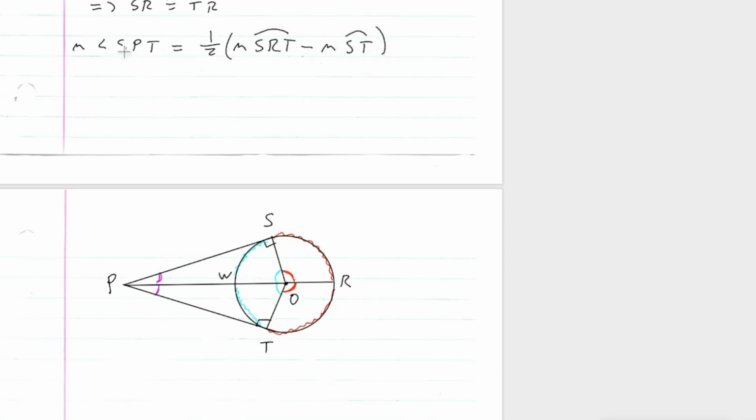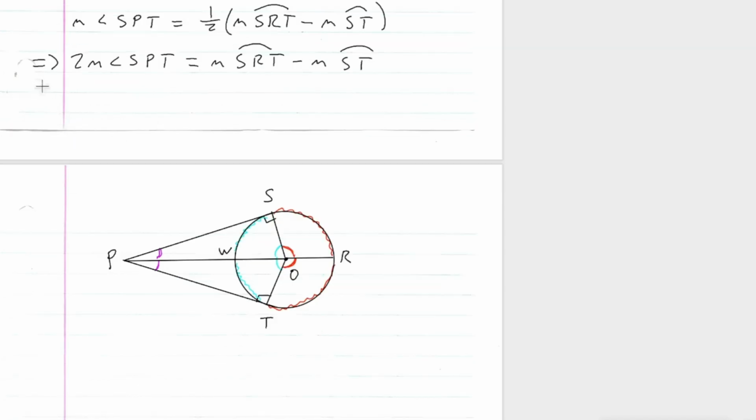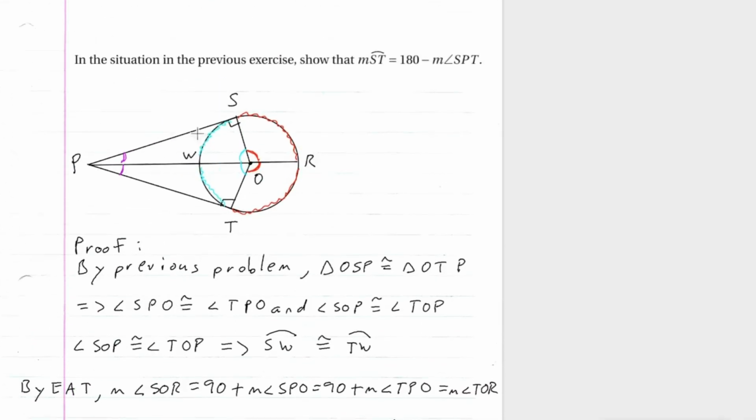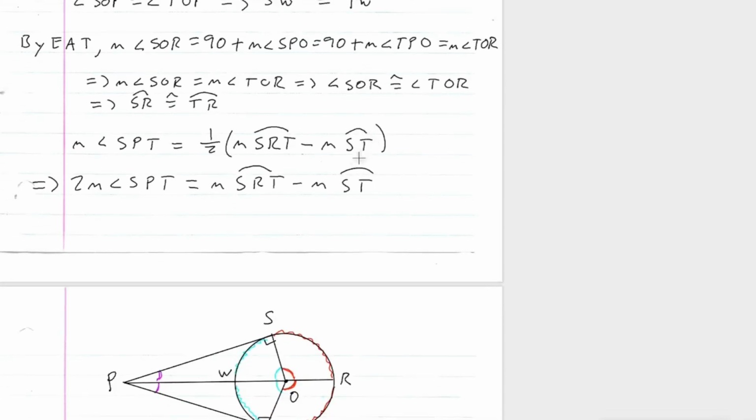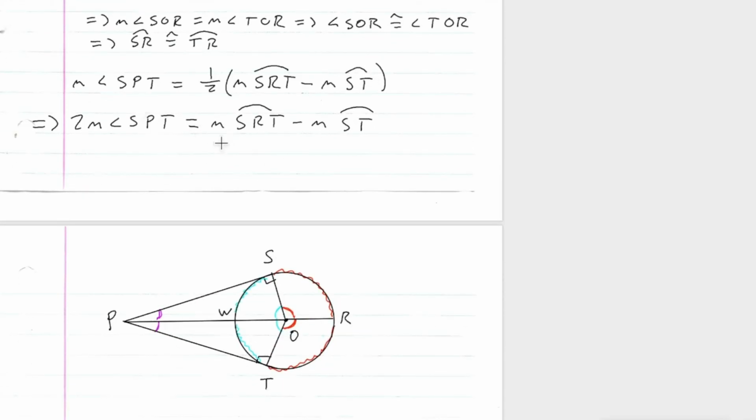Now in this equation, I want to get rid of this 1/2, so I'm going to multiply both sides by 2 to get 2 times the measure of angle SPT is equal to the measure of arc SRT minus the measure of arc ST. So, remember, I have to get ST by itself, so I'm going to add ST to both sides and subtract 2 measure of SPT on both sides.